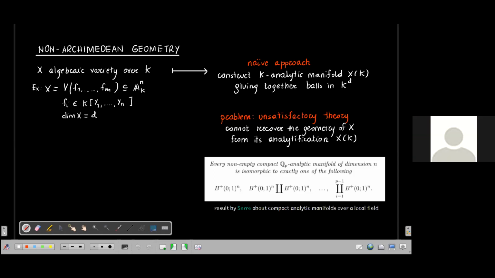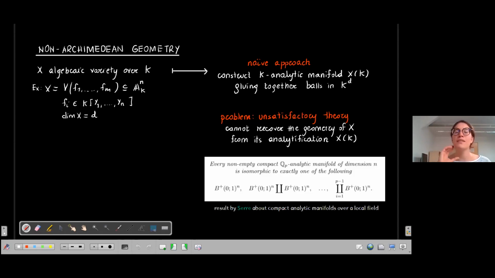What did you mean by K-analytic manifold? So with this definition, I really mean that you want to take some open balls in K, in this case K^d, if you want to define a d-dimensional K-analytic manifold, and then you want to glue them via analytic functions.